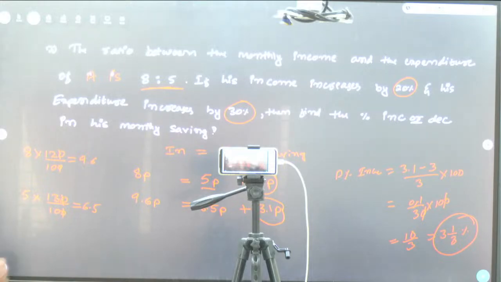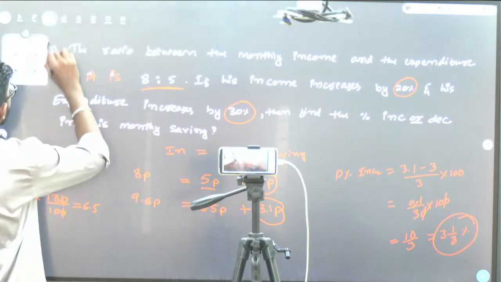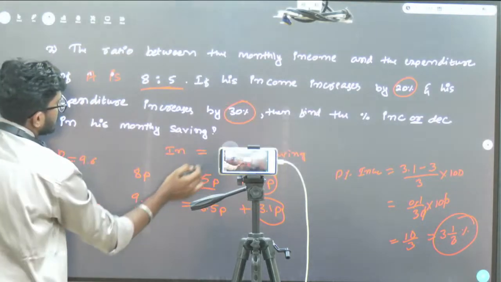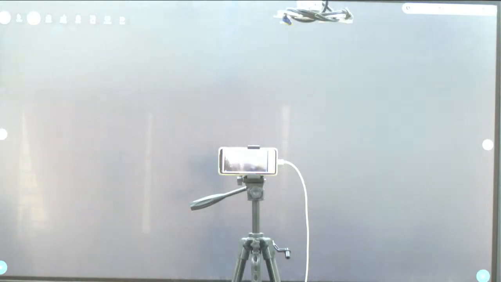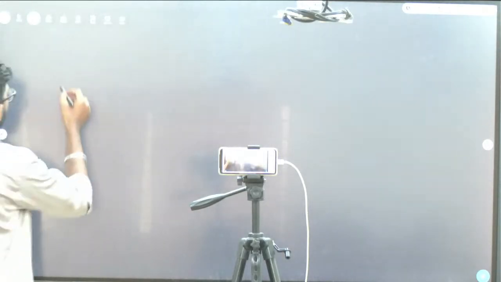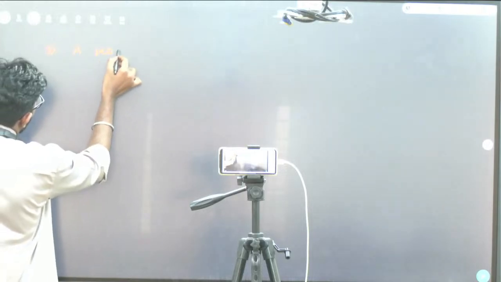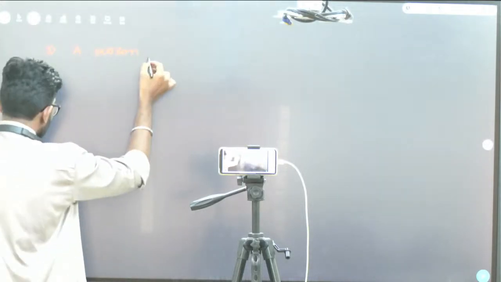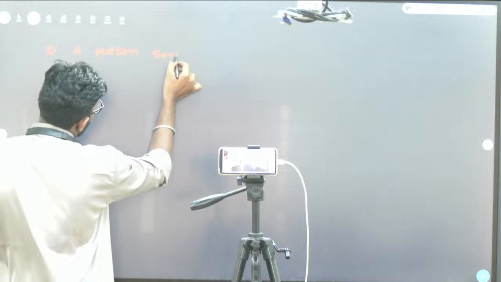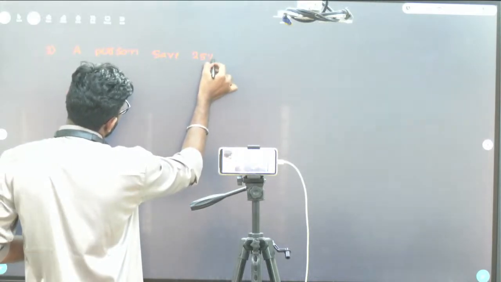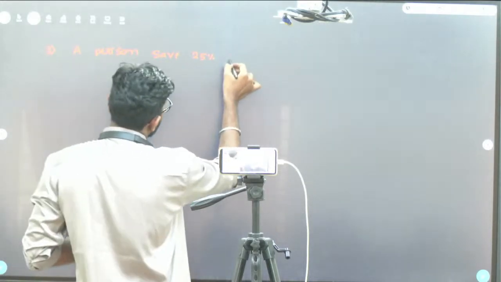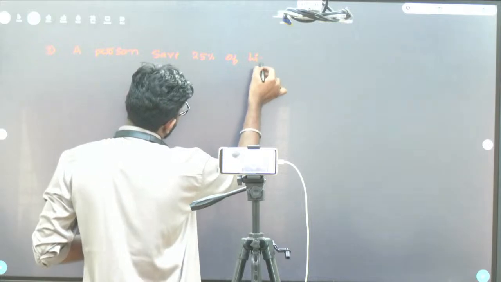Done. Next. Read the next question. A person saves 25% of his income.